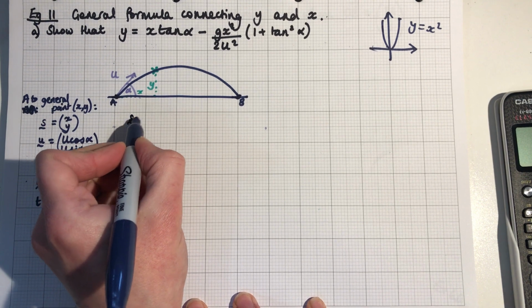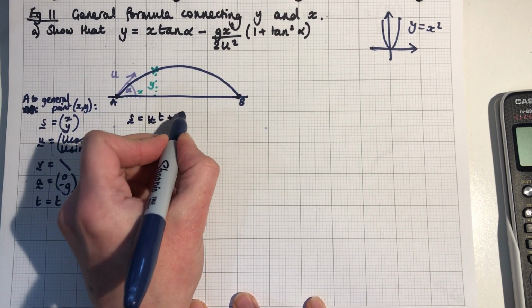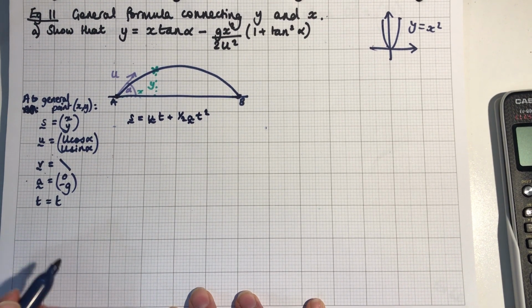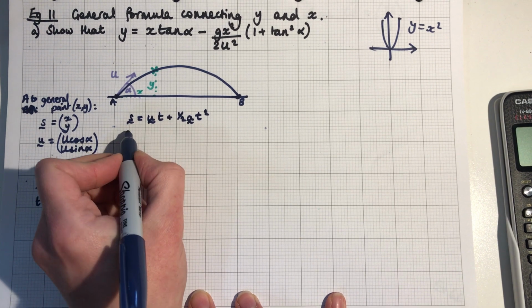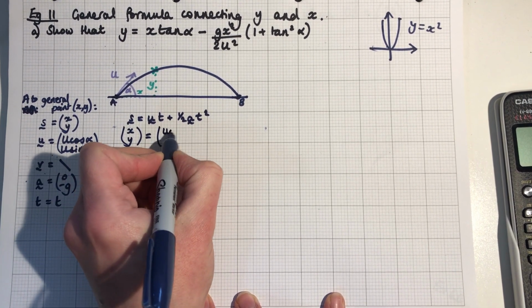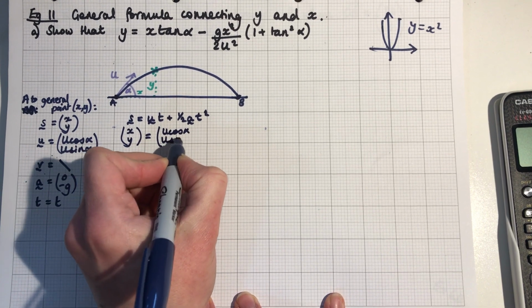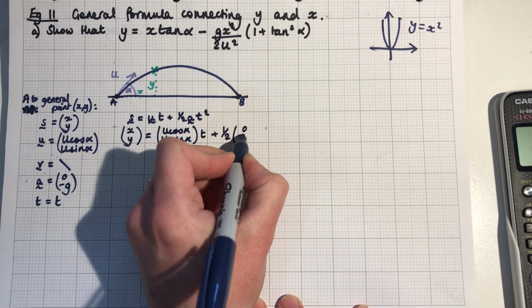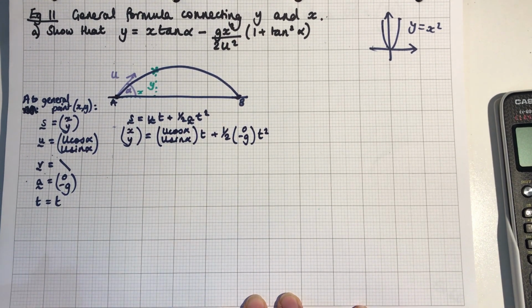Let's write out our equation. S equals ut plus half at squared. For S we'll fill in x, y. For u, we fill in u cos alpha, u sine alpha, times t. For a, we fill in 0, minus g, and then times t squared.